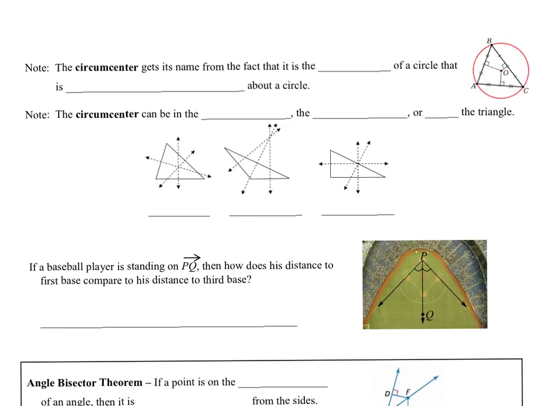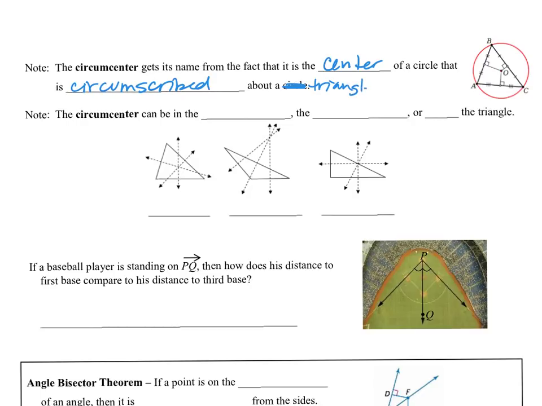Circumscribed about the triangle means that every vertex of the triangle lies on the circle. So that's why it's called the circumcenter. It gets its name from the fact that it is the center of the circle that is circumscribed about a triangle. There's a typo here that should say about a triangle.